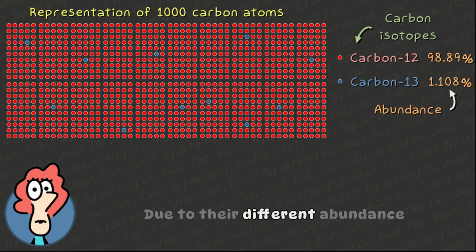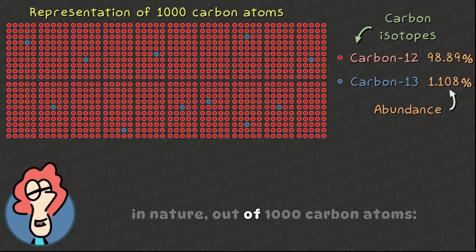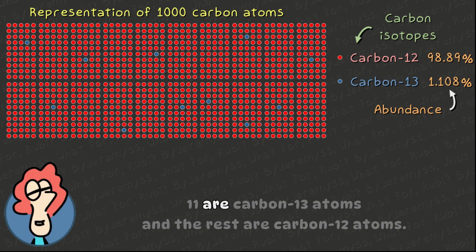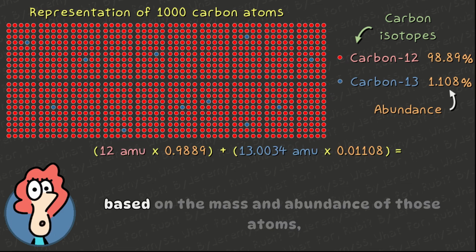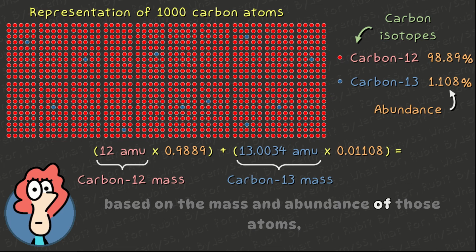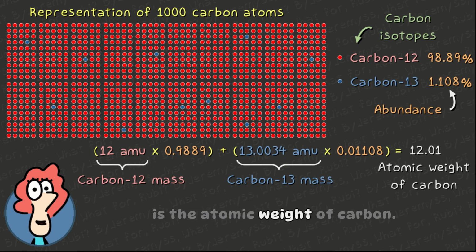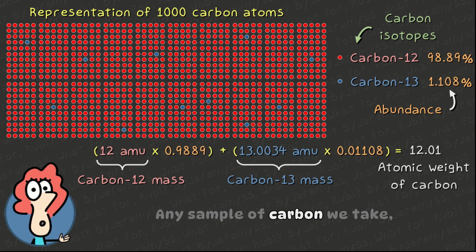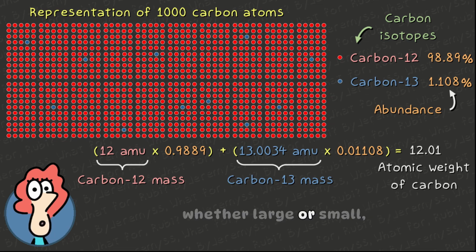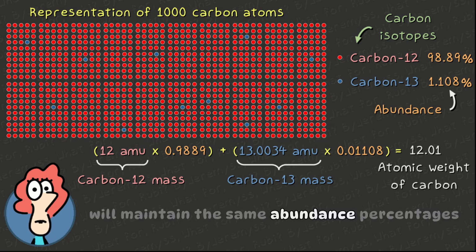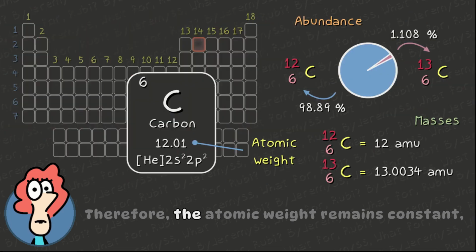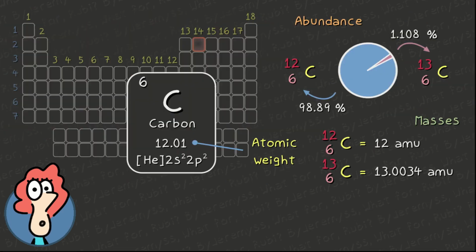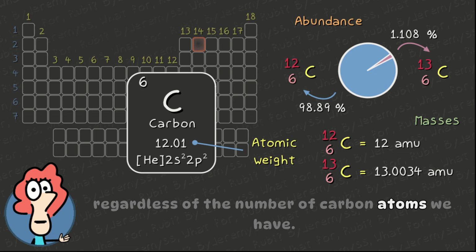Due to their different abundance in nature, out of 1,000 carbon atoms, 11 are carbon-13 atoms, and the rest are carbon-12 atoms. The result of the percentage average, based on the mass and abundance of those atoms, is the atomic weight of carbon. Any sample of carbon we take, whether large or small, will maintain the same abundance percentages for carbon-12 and carbon-13. Therefore, the atomic weight remains constant, regardless of the number of carbon atoms we have.